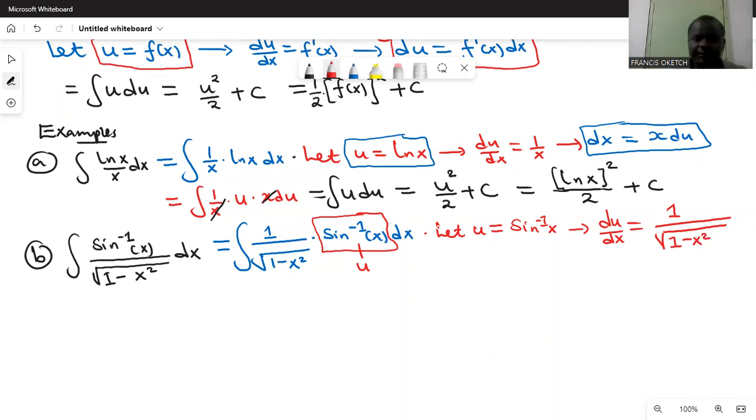And from here, you can now say that the dx, make it the subject, will be equal to the square root of 1 minus x squared times du.